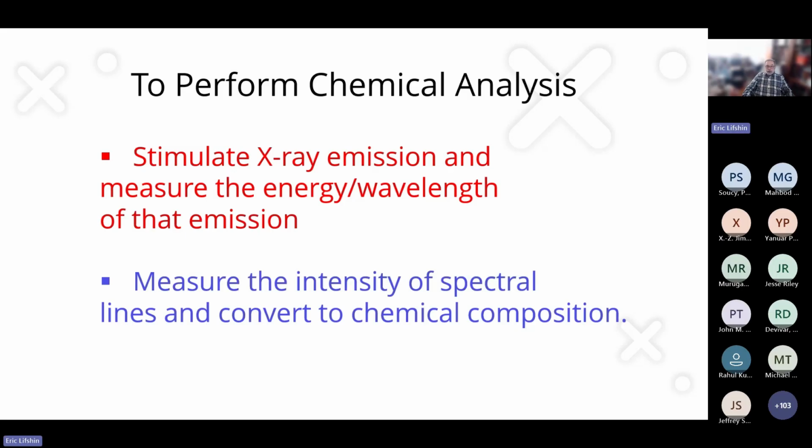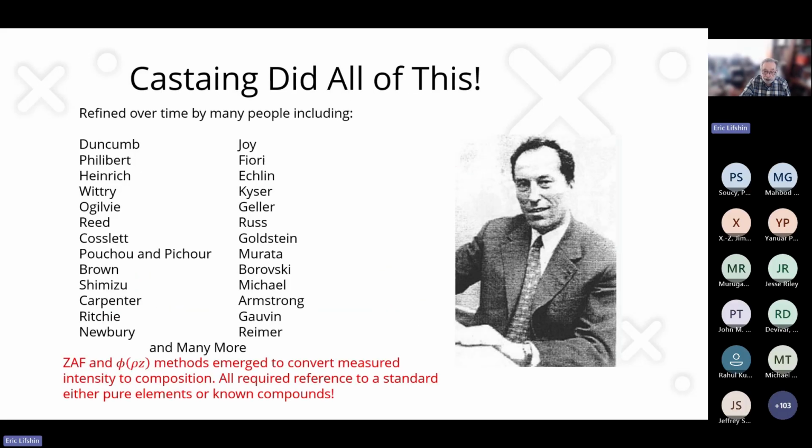Now, to perform chemical analysis, we've got to stimulate X-ray emission and measure the X-ray wavelength for that. By the way, we could have done that with protons, or we could have done it with X-rays, that's XRF, but here we're talking about electron excitation. Once we get the emission, we measure the intensity of spectral lines, and we can convert that to chemical composition.